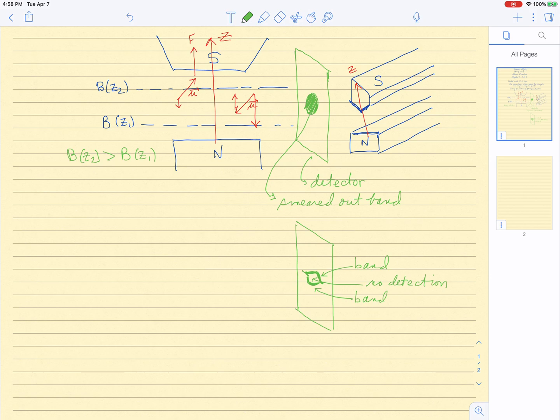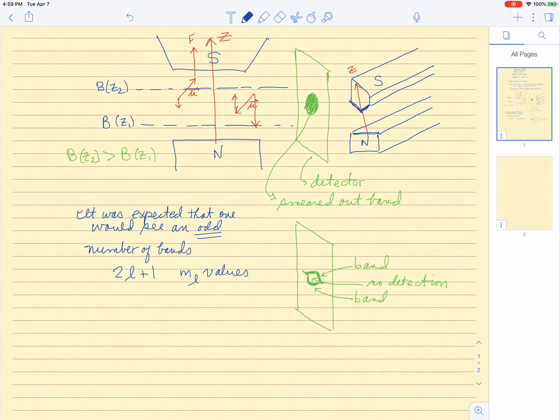So again, to think about this, remember what we said in the earlier lecture: it was expected that one would see an odd number of bands, corresponding to 2L plus 1 m_l values.